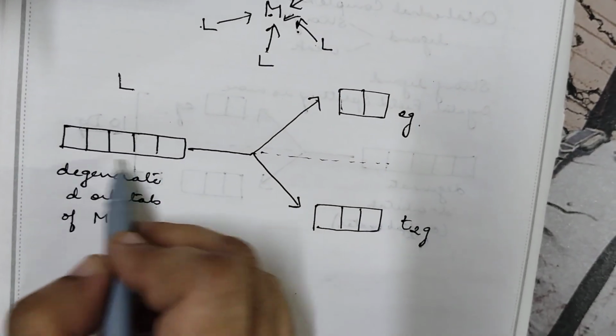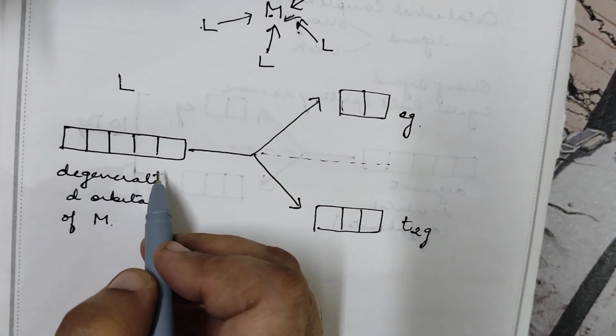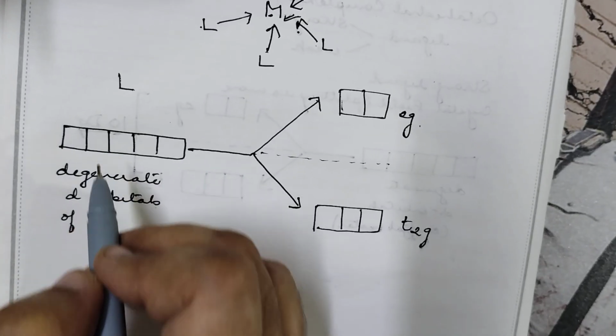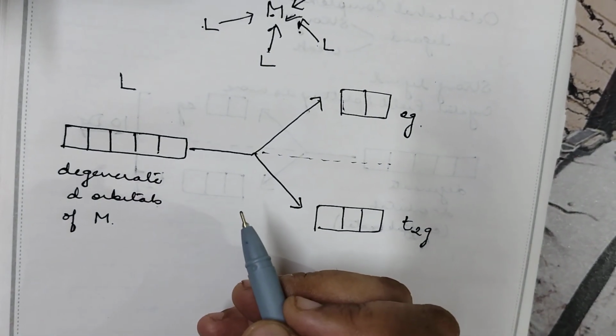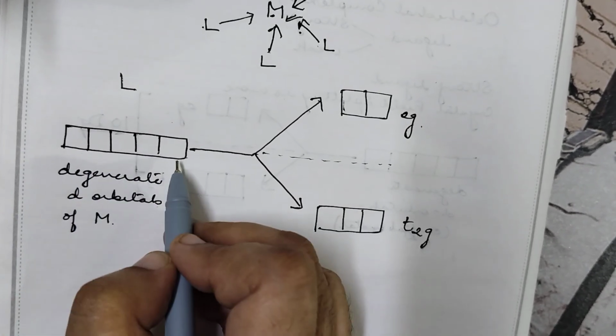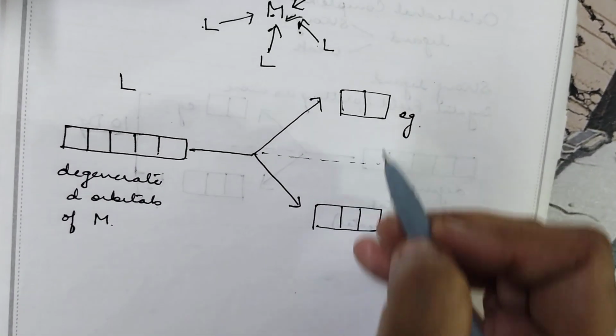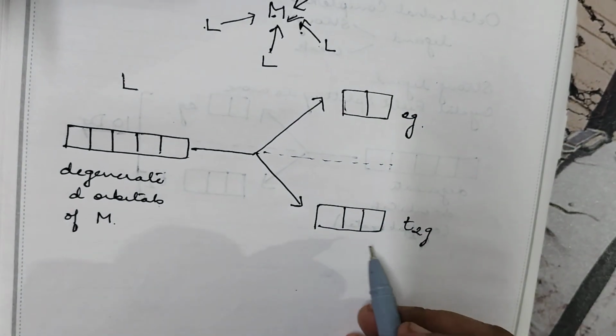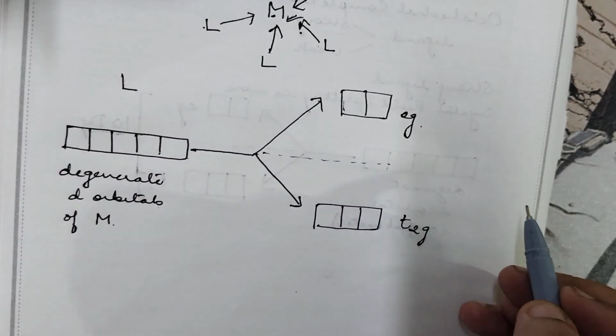These are the degenerate orbitals of the central metal, and when ligand approaches, then the degeneracy is destroyed. It means the orbitals which had similar energy, now they will split into two groups. One group is T2g and another group is Eg.